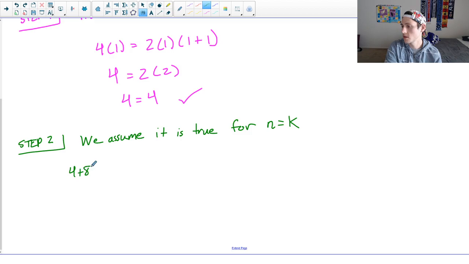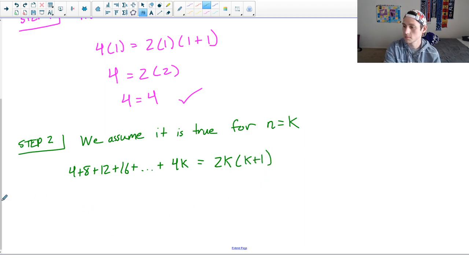So 4 plus 8 plus 12 plus 16 plus ... plus 4k instead of 4n equals 2k times (k plus 1). Right? Yes. So we're assuming this is true. When I pick out any domino in the line, I'm assuming that if I push over that domino, then now I'm going to see, does that mean the next one will fall?